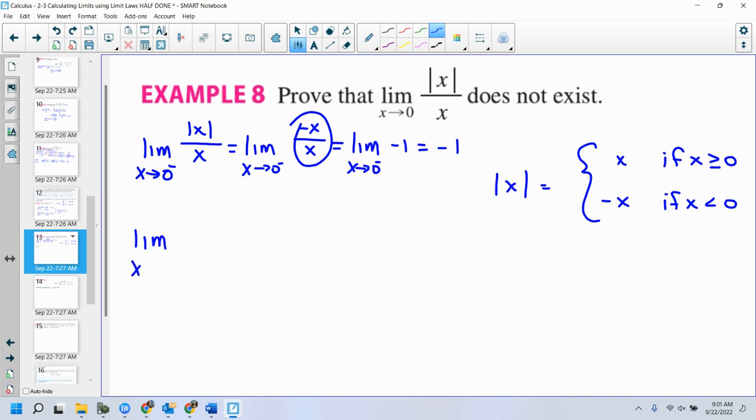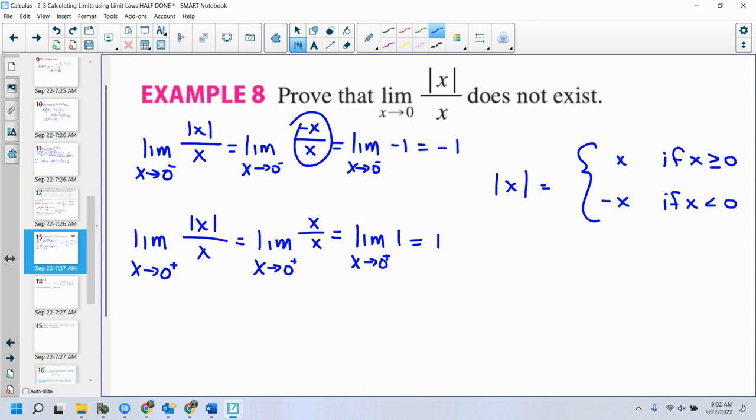Limit as x goes to 0 positive of absolute value of x over x. Well, again, we can replace absolute value with this new definition for piecewise, because again, it's going to act like it there. And look, yeah, the limit as x goes to 0 positive of 1 is 1. So we make a statement in the end, because this is a proof.